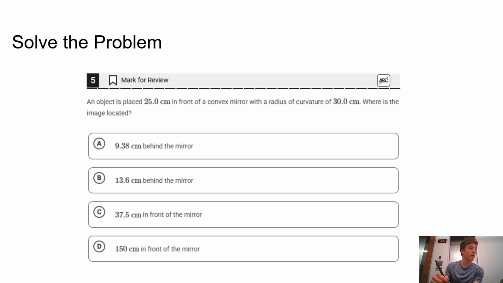One other thing we know, the AP equation sheet tells us 1 over SI plus 1 over SO is equal to 1 over F. So SI is the distance of the image from the mirror, SO is the distance of the object, and F is the focal distance.